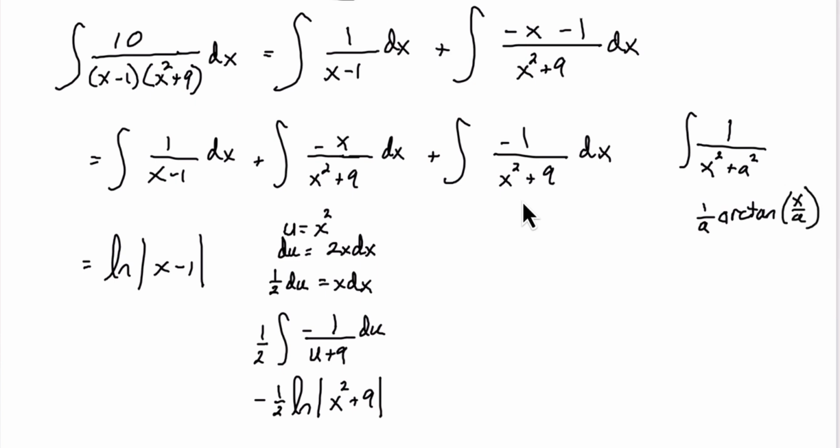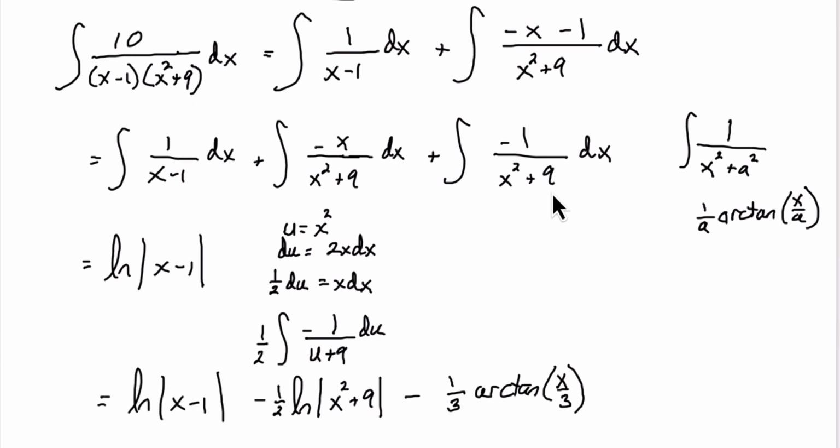So this third integral we'll bring down the minus. That's going to be 1 divided by 3. The a value in this case is 3, since 3 squared is 9. Arctan of x divided by 3. Bring down that other natural log from earlier. And finally, we'll add the plus c.